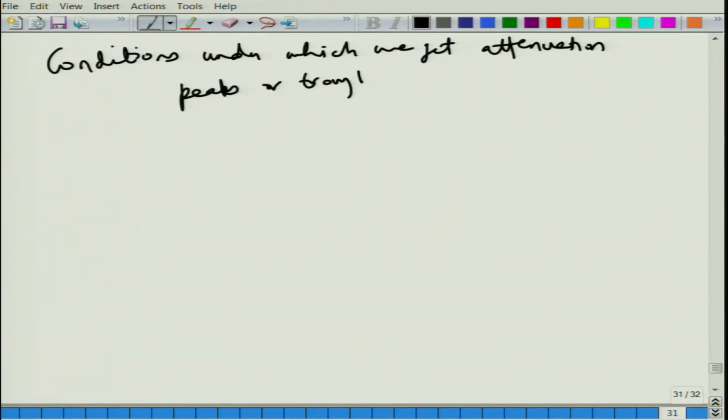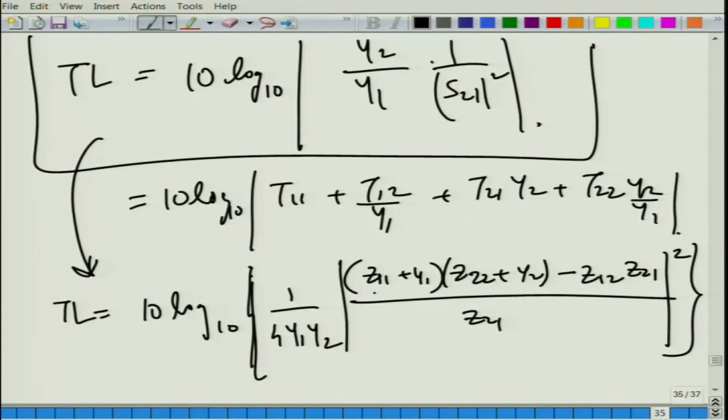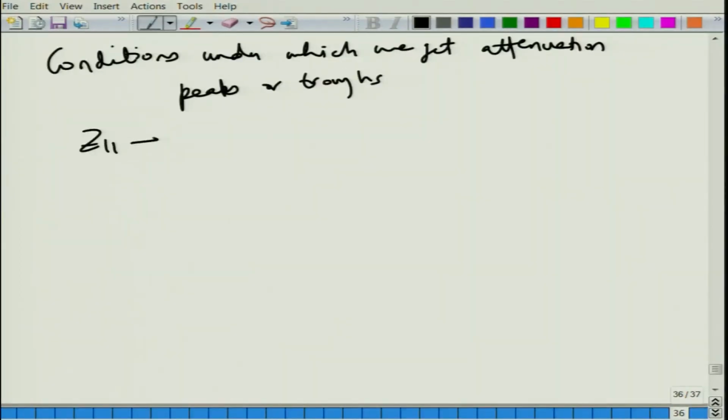Okay. So, when Z11 is tending to infinity, and Z22, Z21 and Z12 are finite, generally it is seen that Z12 is equal to Z21. Why? Because of acoustic reciprocity. Remember our discussions long time back, I think in week 10.